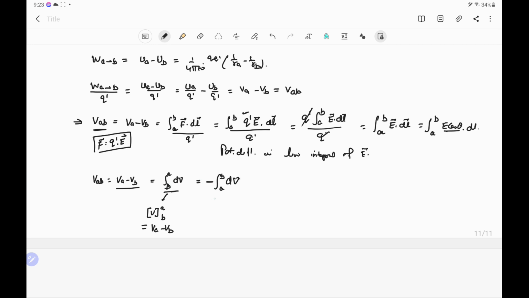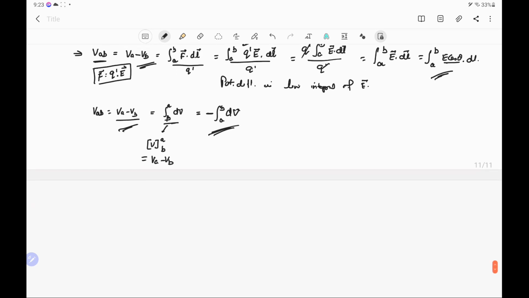And now, comparing this value with here, it is also VA minus VB, and this value is also VA minus VB. So comparing these two values, we can write that minus the integral from A to B of dV equals the integral from A to B of E cos theta dl. This is the component of E along the displacement dl, or we can say it is the parallel component of E along dl.